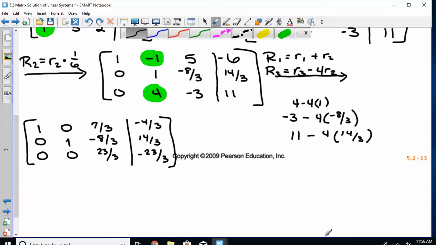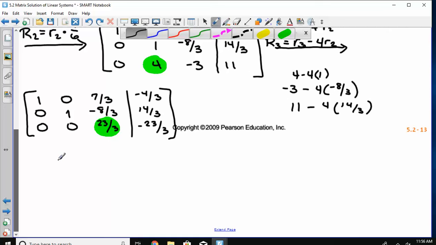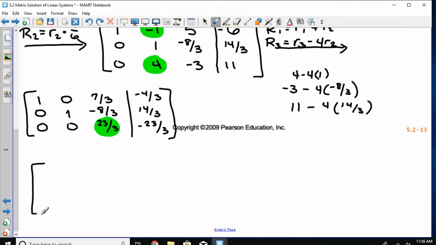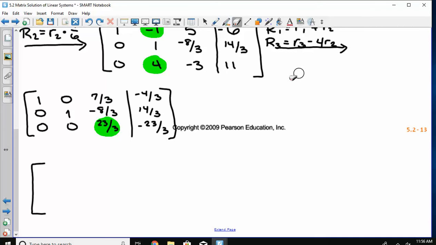Column 2 is done. We have one column remaining. So first step is a 1 in row 3, column 3. Okay, how do we get a 1? So row 3 would have to equal row 3 times 3 over 23.